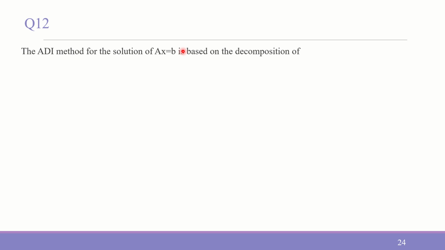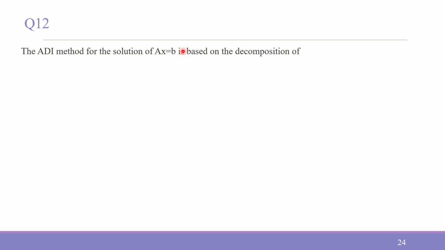So what are we doing in the ADI method? We already saw that ADI is an alternating direction implicit method in which we split or decompose the coefficient matrix A into A1 and A2, for the two-dimensional problem I am talking about, and we use two sets of equations.